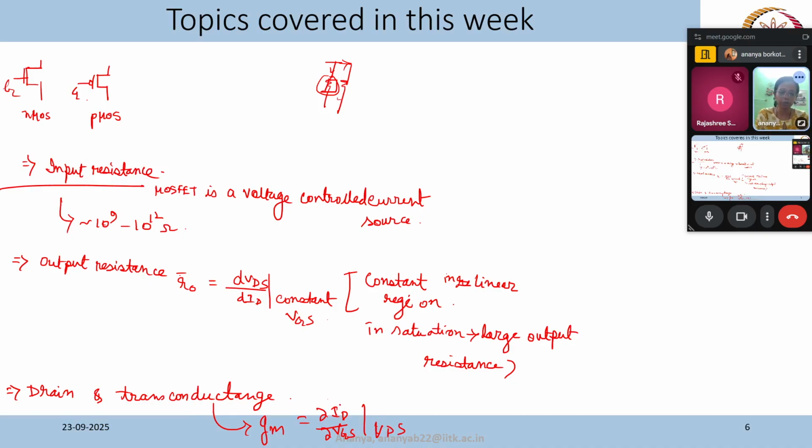Because we are taking one from the input side, one from the output side, and this is mu COX W by L VDS in the linear region, and mu COX W by L (VGS minus VT) in saturation.